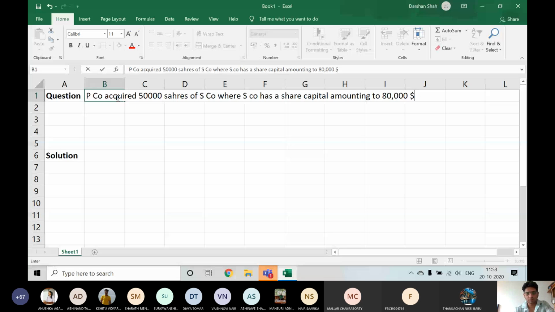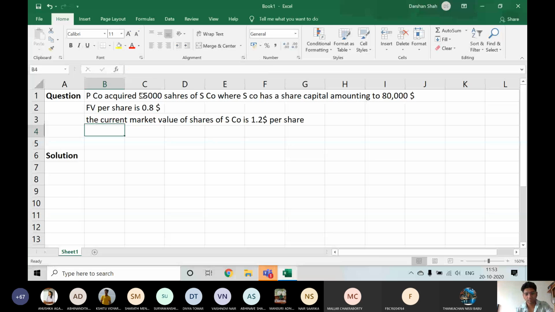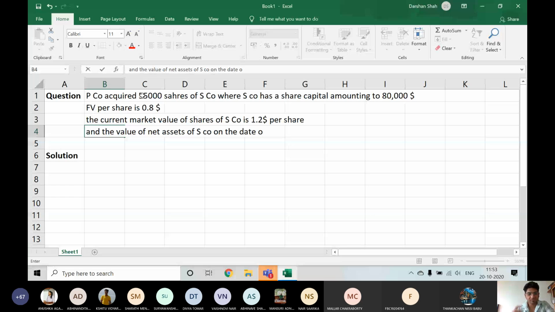The current market value of shares of S company is $1.2 per share, and the value of net assets of S company on the date of acquisition is, let us say, $1,20,000.